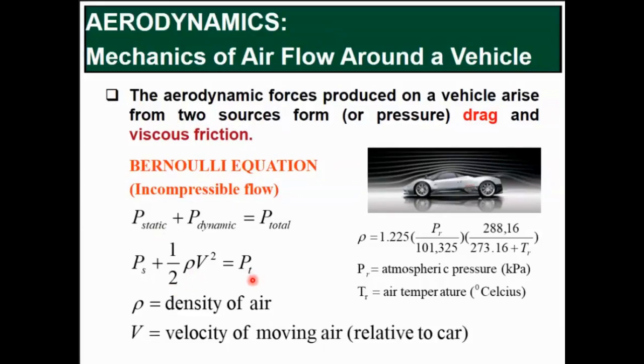And then for rho, or the density of the air, this is the equation. Please keep in mind, for example 100.325 and 288.16, that is not a comma, it is a point. I will correct it later.